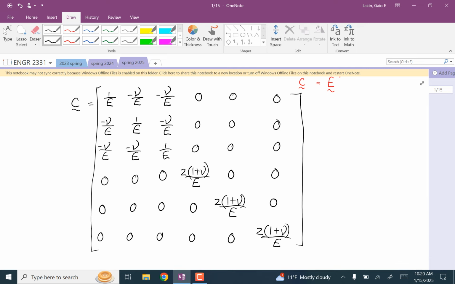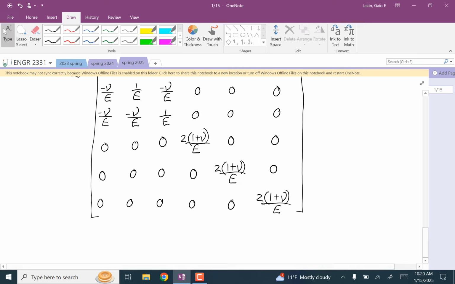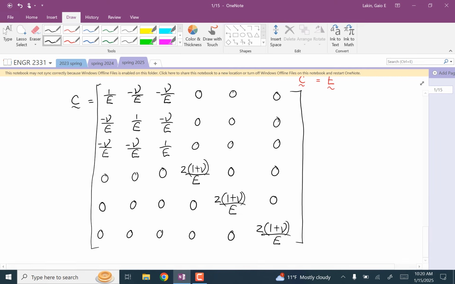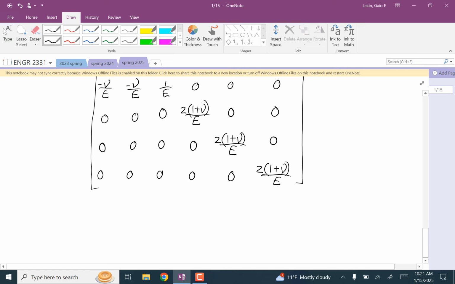And the usefulness, the way we use this compliance matrix and the stiffness matrix, is that the Voigt form of the strain is equal to the compliance matrix times the Voigt form of the stress.